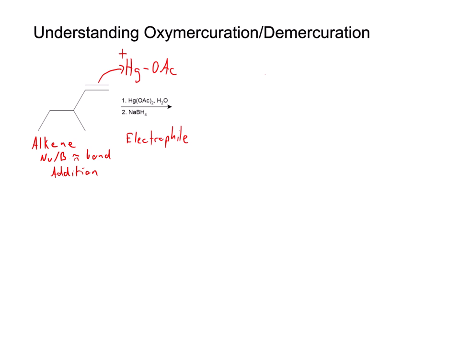What we're going to get then is something that looks a little bit like a carbocation, but I will show you why it is not a carbocation in a second. So we're going to put a positive charge here as if this were a carbocation, but I'm going to put a question mark here because this isn't really what we have. And the reason why it isn't what we have is because mercury has a ton of electrons around it.